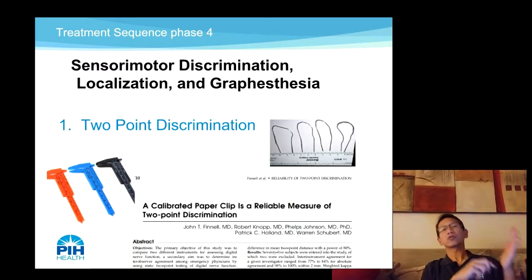So they can toggle back and forth between the paper clips: one at 15 millimeters, one at 20 millimeters, and one at 10 millimeters. Eventually, as they're able to find and distinguish the different sizes, I'm hoping that they can more consistently get 2 points registered at the 10 millimeter mark.